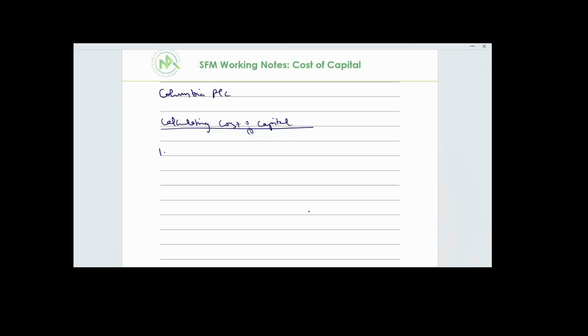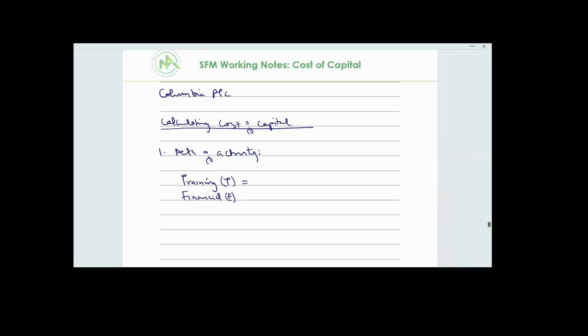I would then say beta of activity. What are the activities in this question for Columbia? We have training, T, then we also have financial services, F. Therefore, I will go back to the question: what is the beta of training services?